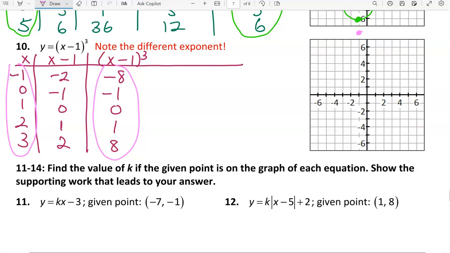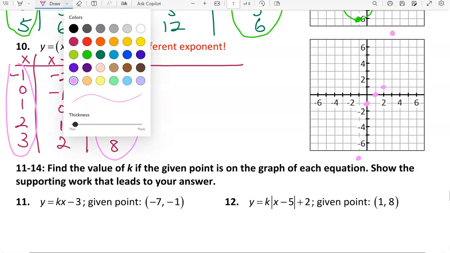Next, 0, and actually, you know what? I graphed that one wrong, so I'm going to go back and regraph it. -1, -8, it's below the graph. 0, -1, 1, 0, 2, 1, and 3, 8, which I'm going to locate up here.